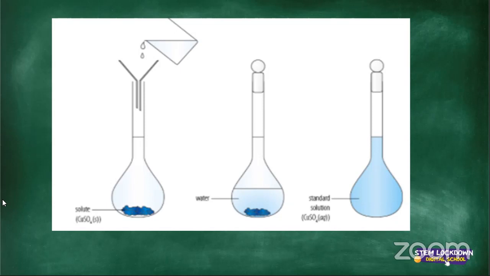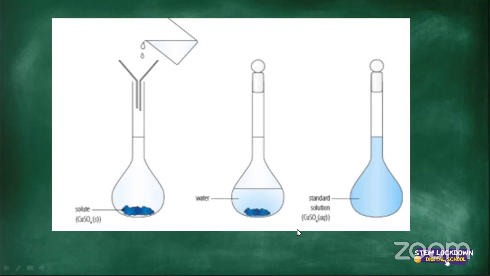Okay. So here, as you can see, they've put the solid in the volumetric flask and then they're adding the liquid. It could be pure water. So they put water there, then they close the volumetric flask and shake it together, and this is our standard solution.